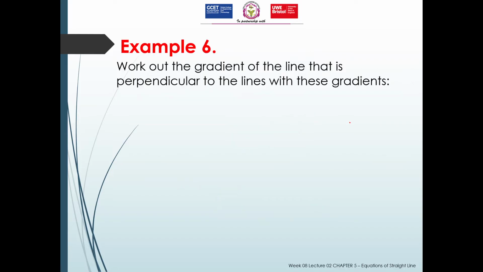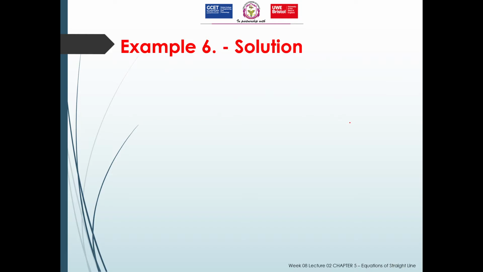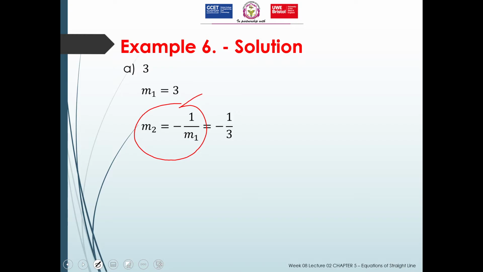Okay, so let's take a look at the first example, example 6. Let us work out the gradient of the line that is perpendicular to the lines with these gradients. A is 3, B is 1/2, C is negative 2/5. For A, if m1 is equal to 3, then m2 is just negative 1 over m1. This is the formula since they are perpendicular. So we just substitute.